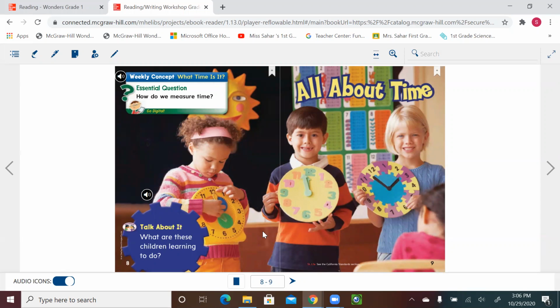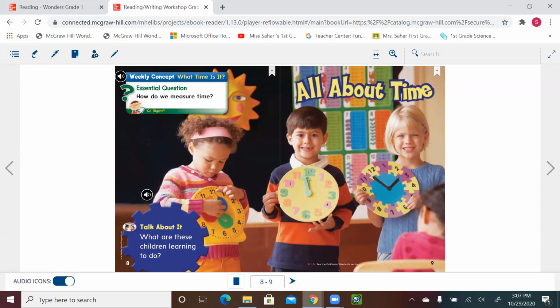So what kind of activity can you do in an hour, or what can you do in minutes? Like how long it will take you, for example, to go for a walk. You can go for half an hour or 1 hour, but how long does it take you to eat your breakfast? 20 minutes, 15 minutes, right? So the hour is longer than the minutes, and the second is the shortest, the hour is the longest.